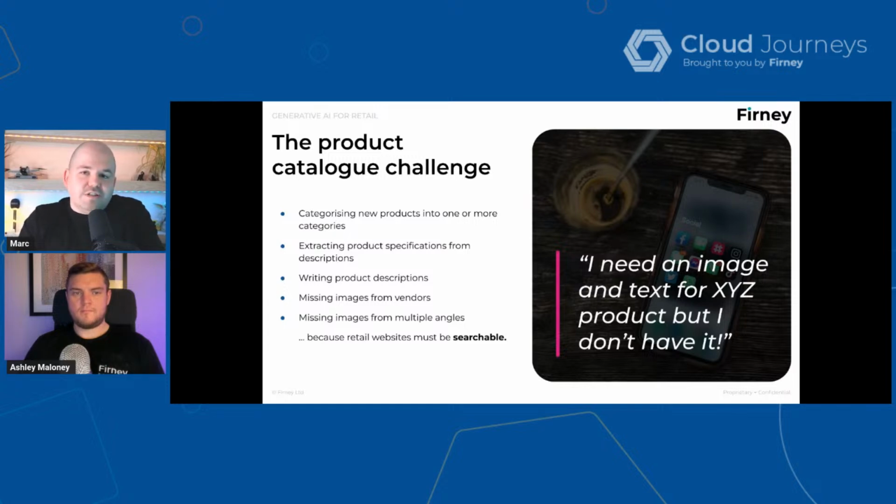Maybe we need that in a JSON format so that we can show it on our website in specifications. And we might have products that are missing product descriptions, or missing images, or missing images from certain angles. Well, we want to try something else. We want to make it seasonal. All of a sudden, we can do all those things now, and we can do it at scale. It's really opening up the doors to that.